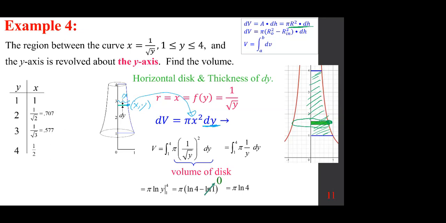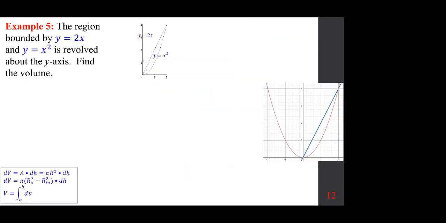All right. Let's look at something that is slightly different. It says the region bounded by y equals 2x, which is a line, and y equals x squared, and we want to revolve this about the y-axis. So we have the graphs, very straightforward, class.